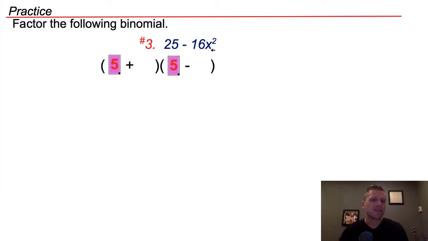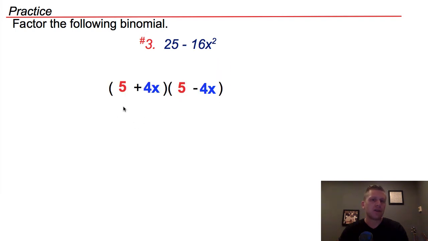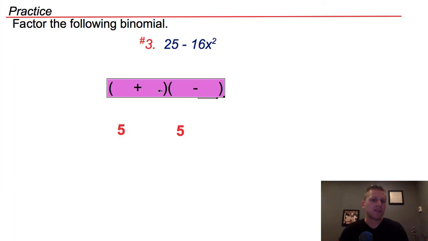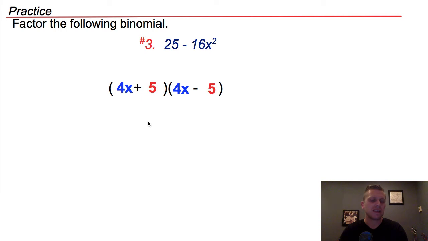The square root of 16x squared is 4x. The terms need to be in this order in order for it to work. You could not have put the 5's in the front and the 4x's in the back. If you were to try this formation here, you could see it does not work. Check that. FOIL these and see that this answer here will not work.